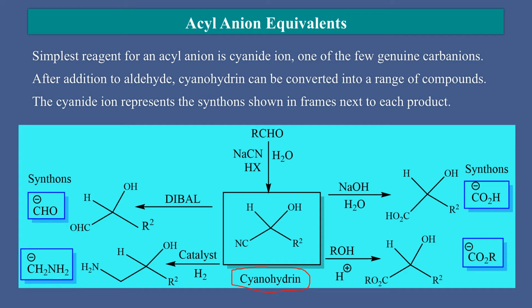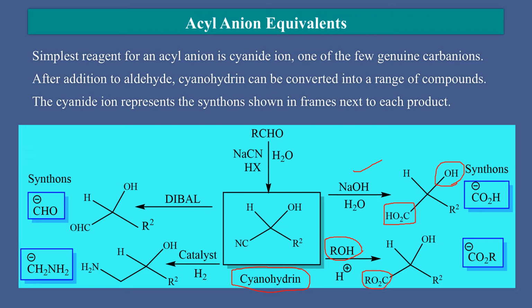This cyanohydrin can be converted into a range of compounds as shown here. By hydrolysis, it can be converted into carboxylic acid, alpha hydroxycarboxylic acid. All these are alpha hydroxy compounds. In the presence of an alcohol, it can be converted into an alpha hydroxy ester.